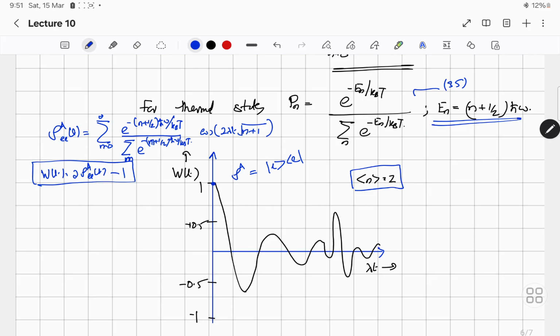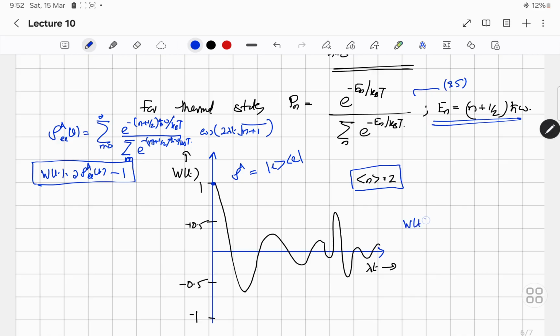So that means if initially the field is in the thermal state, then in the time evolution the atom is always in a superposition of the ground and the excited state. It never reaches the excited state completely, or the ground state completely. It is always in between.